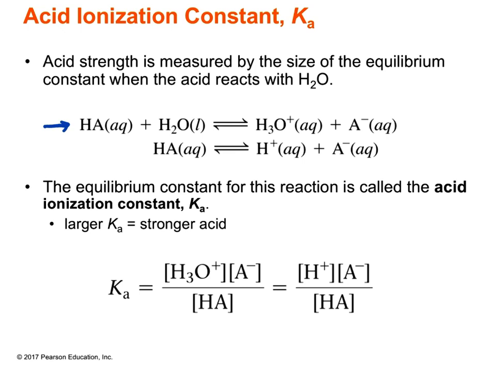We could also write this without water, which I also did with HCl earlier. If we don't include water in our equation, we're really just showing the ionization of the acid. So the hydrogen ion is separating from the rest of the acid.